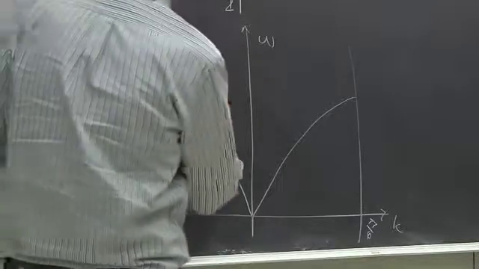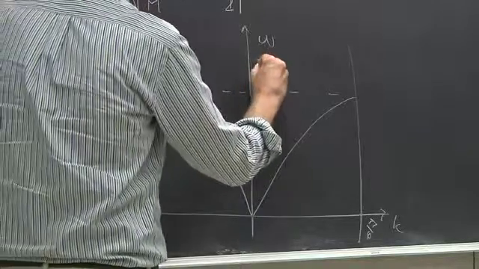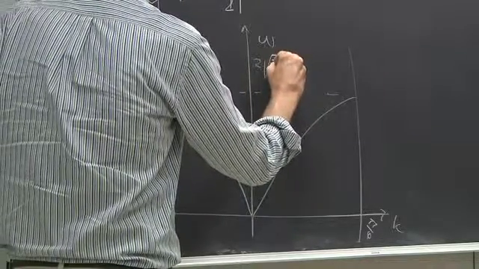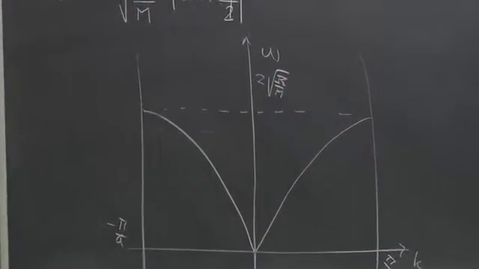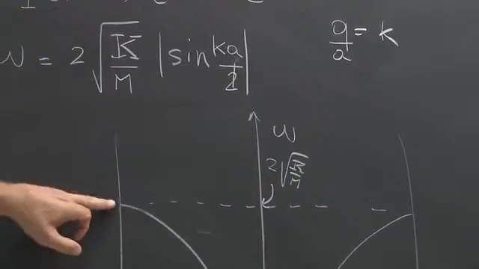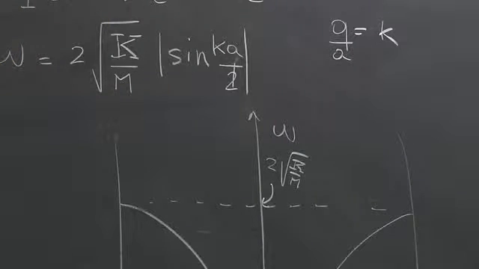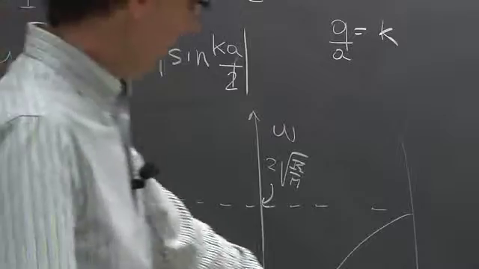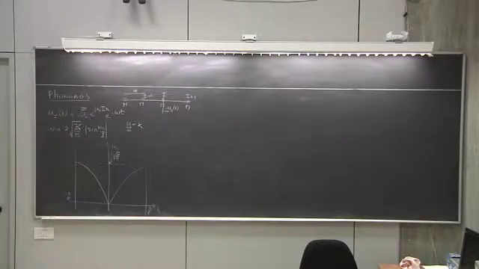This value here is 2 times the square root of K over m, which is the maximum frequency. And the maximum frequency is taken when k is at the edge of the Brillouin zone.